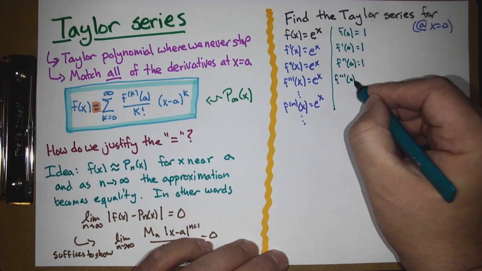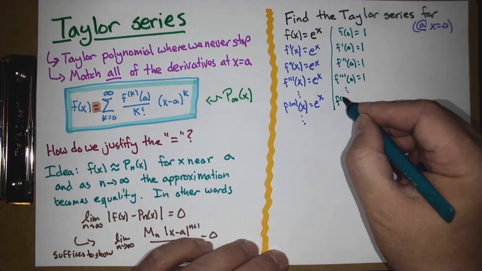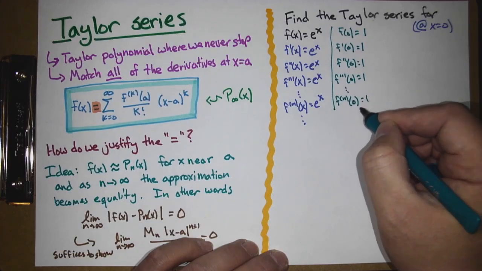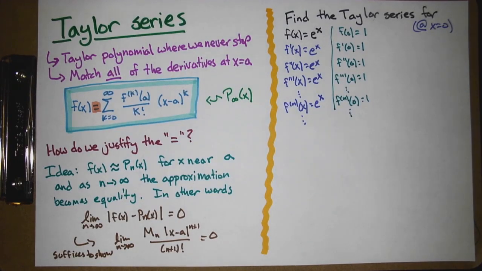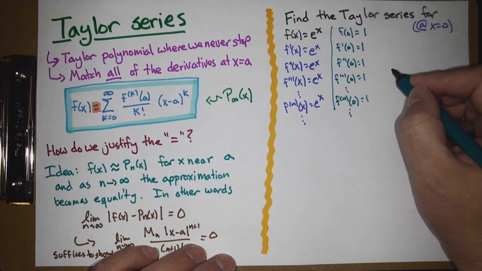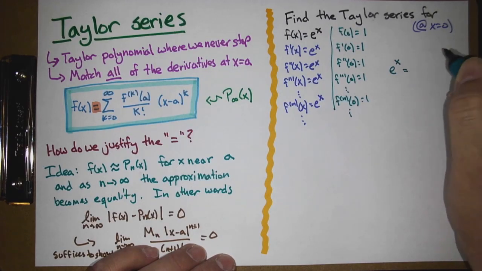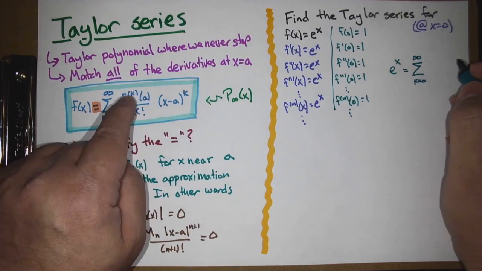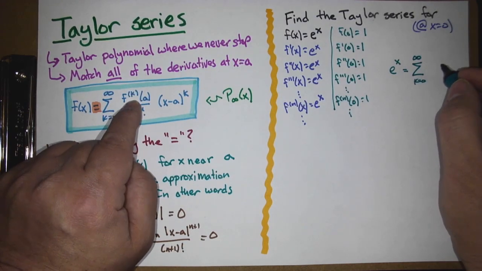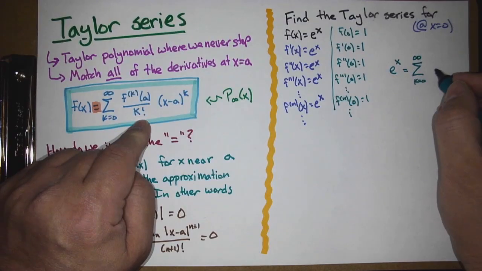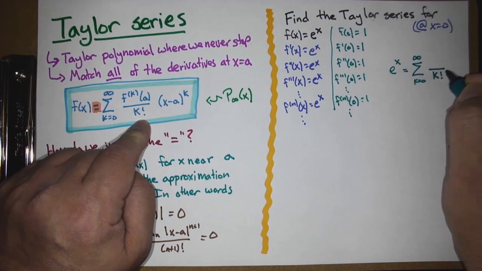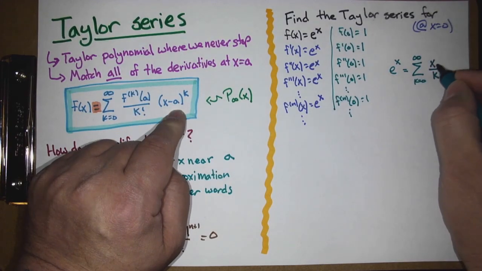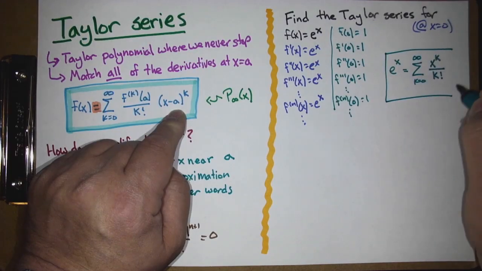What's f triple prime of 0? 1. What's the nth derivative at 0? 1. Good, we see a pattern. So when we write this down, e to the x should be equal to the summation from 0 to infinity. Our derivative is always 1, and so we have 1 divided by k factorial, and then x minus 0 to the k is x to the k. So there's e to the x.